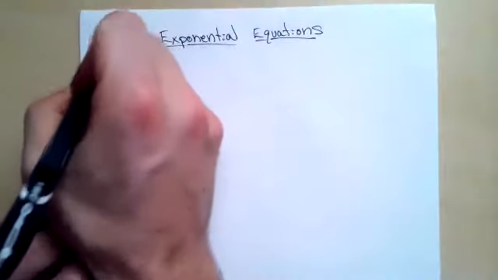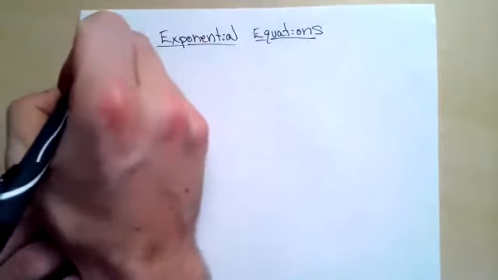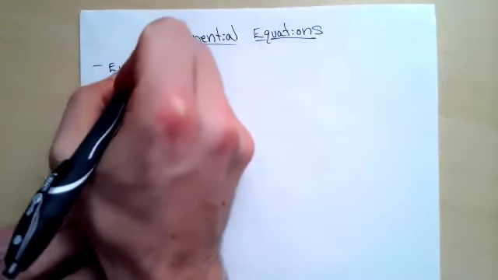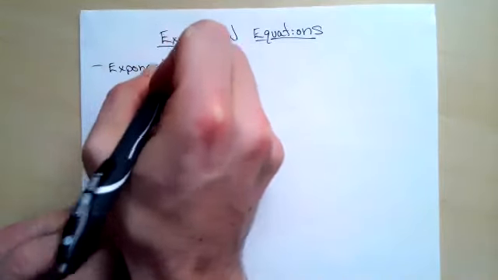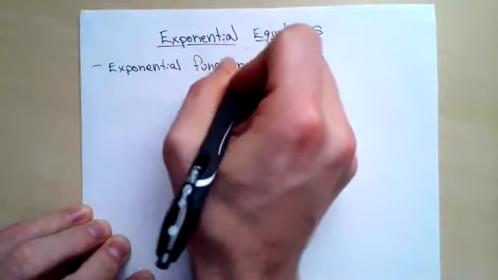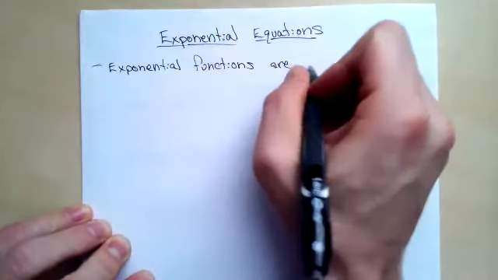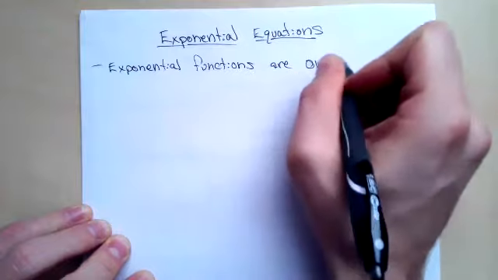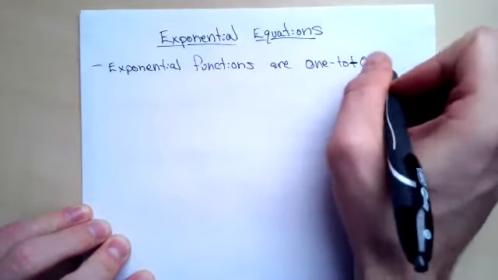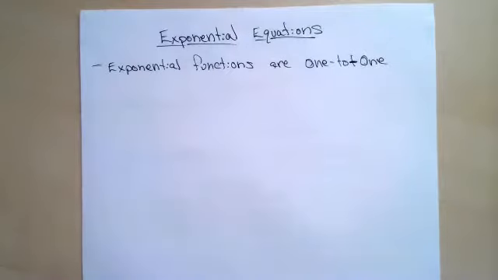One of the things you should have seen on Wednesday with all these graphs is that exponential functions are one-to-one. They pass the vertical line test.